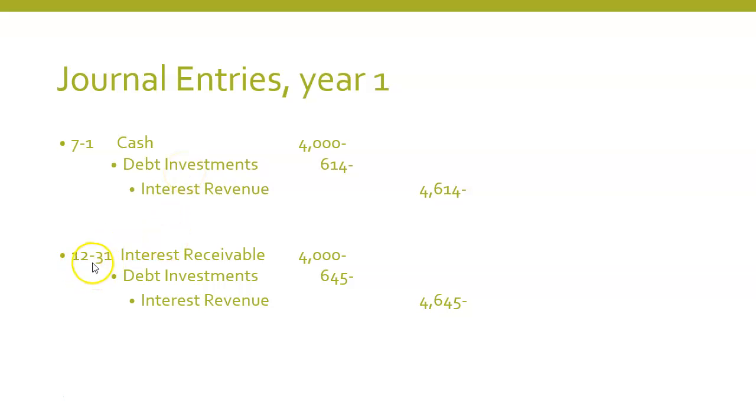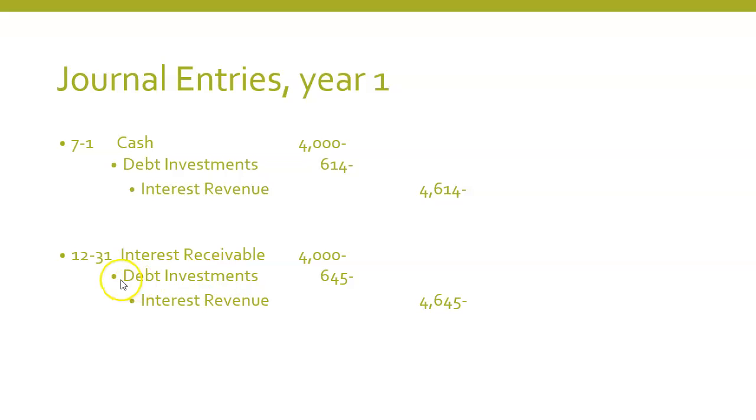Now, on December 31st, again, we're going to have an adjusting entry. Here I'm not debiting cash because I'm not actually receiving the cash until tomorrow. And so I'm going to debit interest receivable. This is a current asset because we're going to receive it shortly, of $4,000.